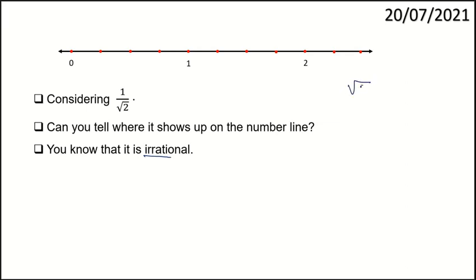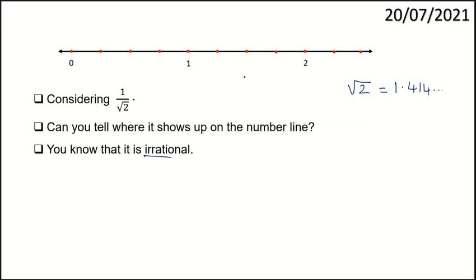Knowing the value of root 2 from the square roots chapter of class 8th, it is 1.414 and so on. How to divide 1 by that non-terminating, non-recurring decimal number? It is a bit difficult to show it up, right?